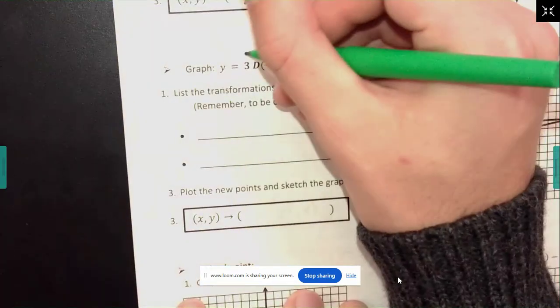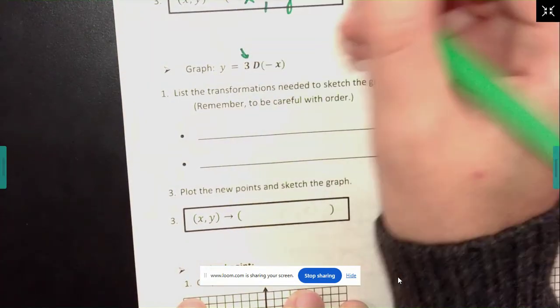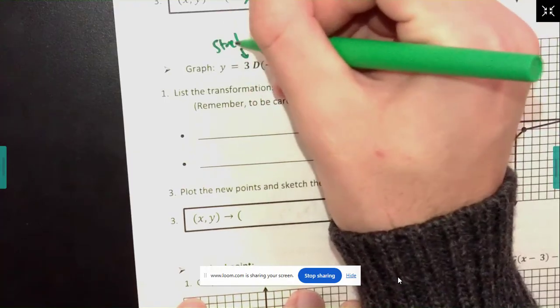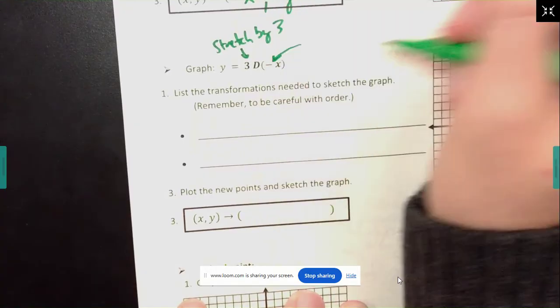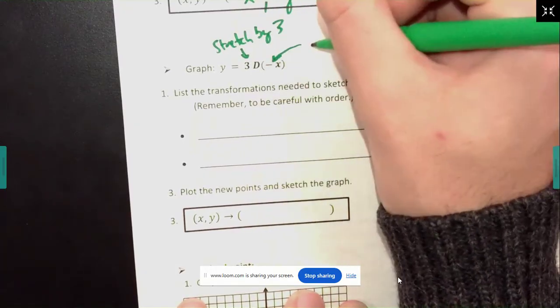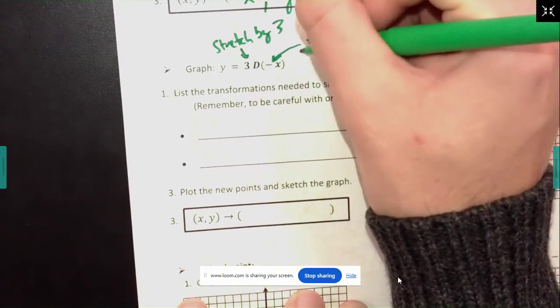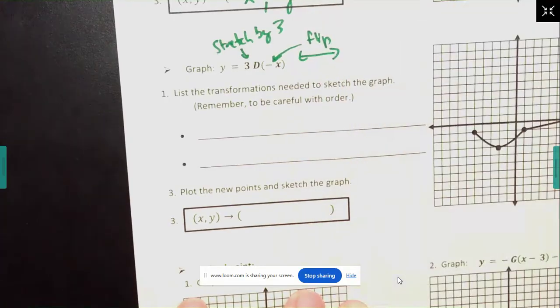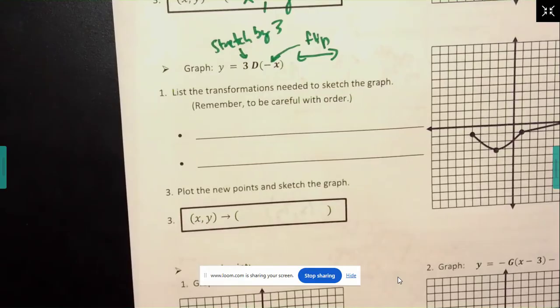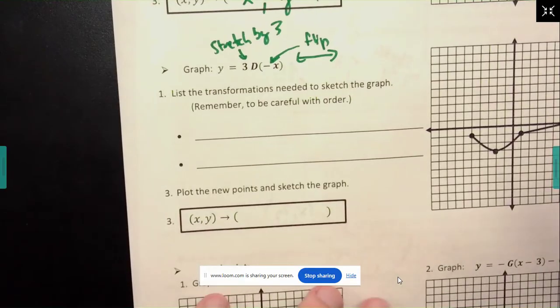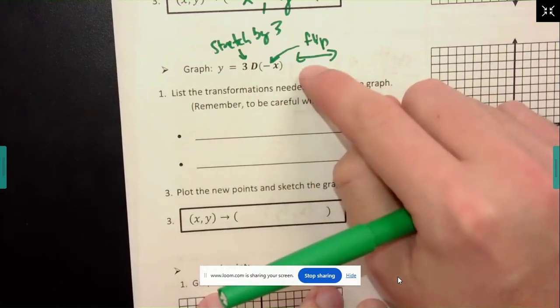Okay. All right. Next one. So since the 3 is on the outside, we're stretching by 3. And since the negative's on the inside, we're going to flip left and right over that y-axis. Okay? So I'll take these points and I'll flip it first. When we're talking about flipping and stretching, you can do either order first.